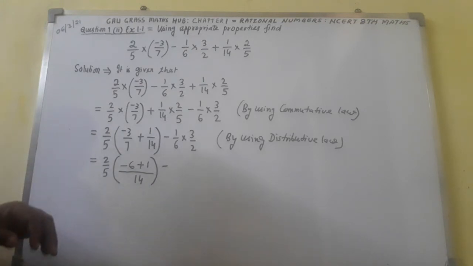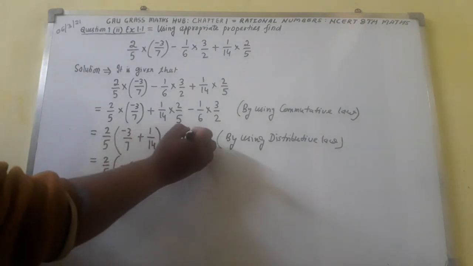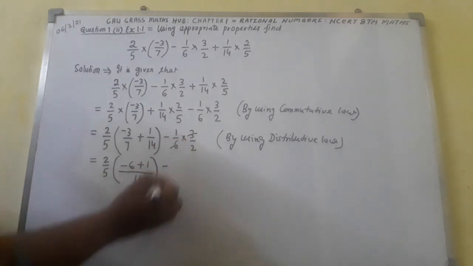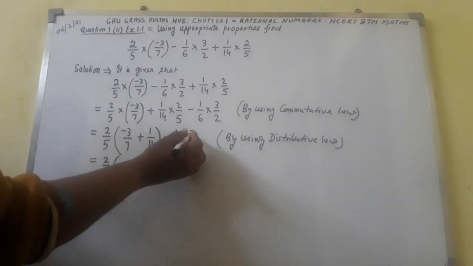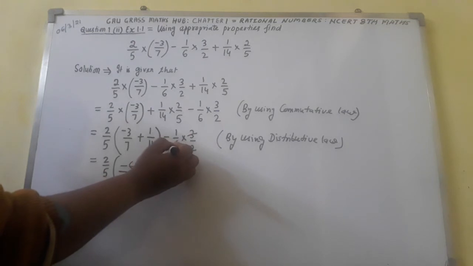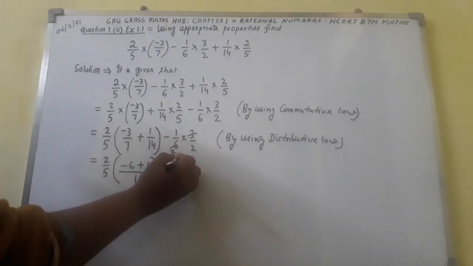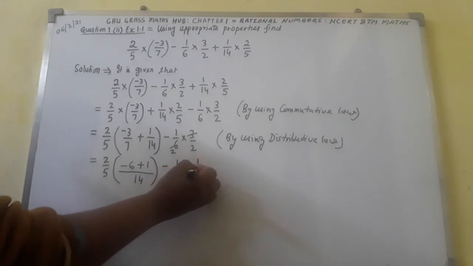And by using the concept of BODMAS, here you can see this 3 and this 6 will be cancelled out. We will get 3 to the 6, so here you write only 2. So it will become 1 over 2 multiplied to 1 over 2.